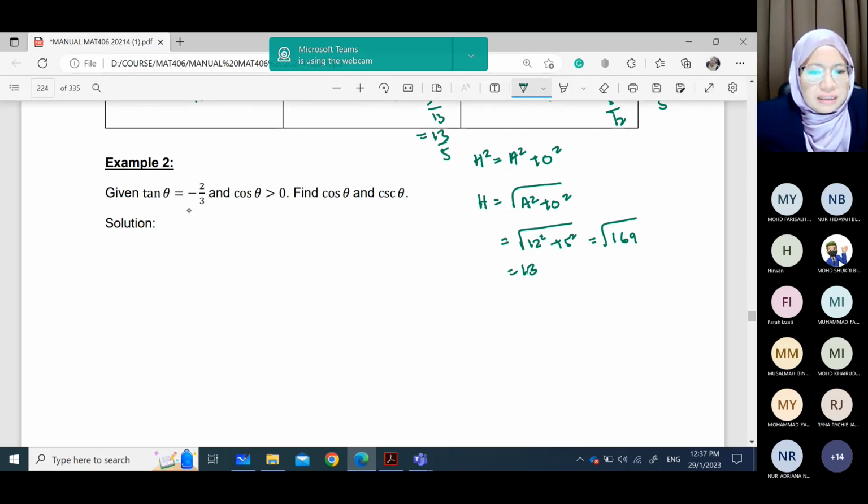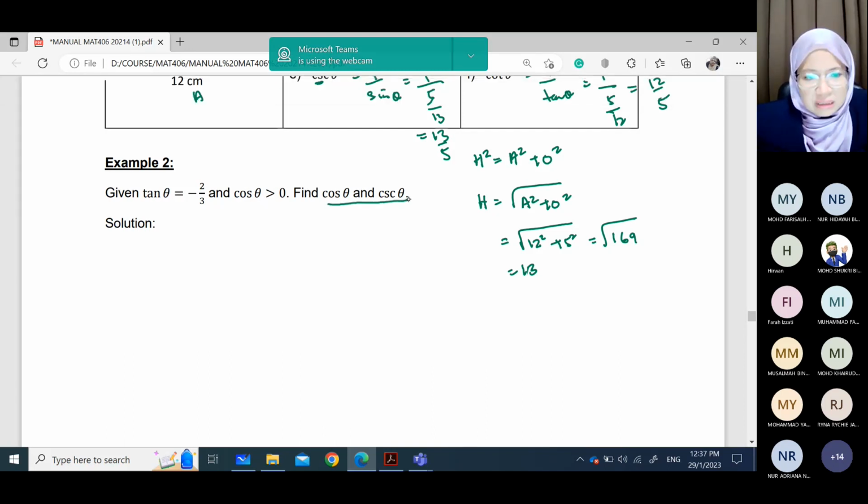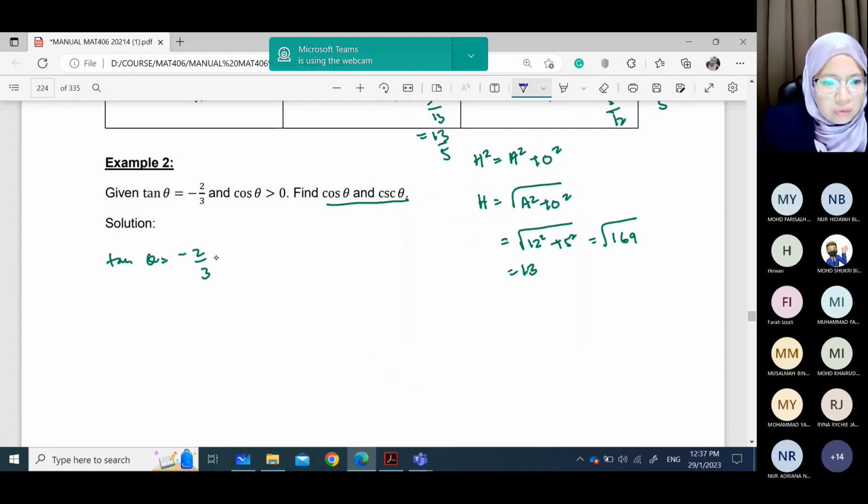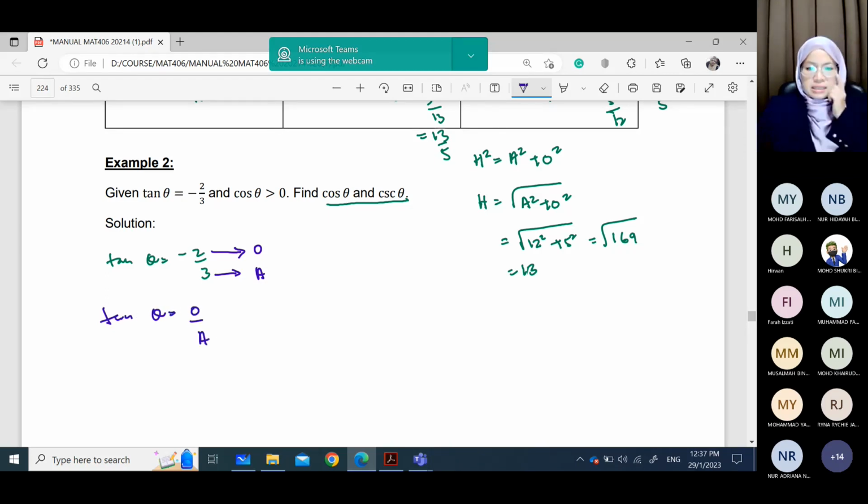Alright, so given tangent theta equal to negative 2 over 3 and cosine theta greater than 0, so find cosine theta and cosecant theta. Okay, so dia bagi tangent theta. So tangent theta is negative 2 over 3. So maknanya dekat sini 2, yang ini adalah opposite, and this one is adjacent, sebab tangent theta adalah opposite over adjacent.